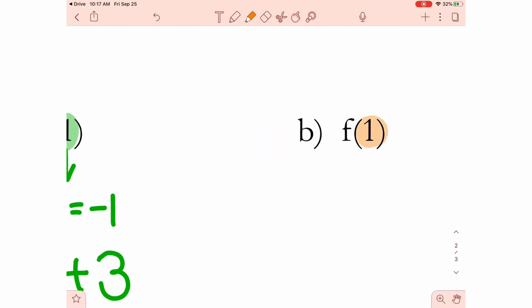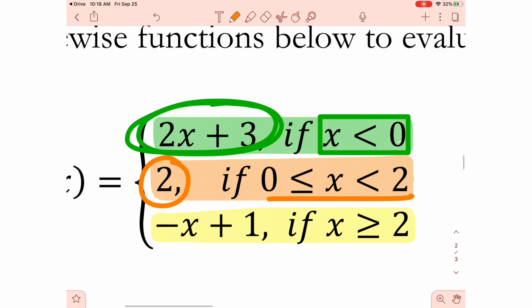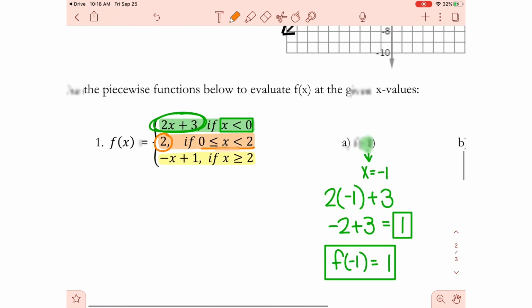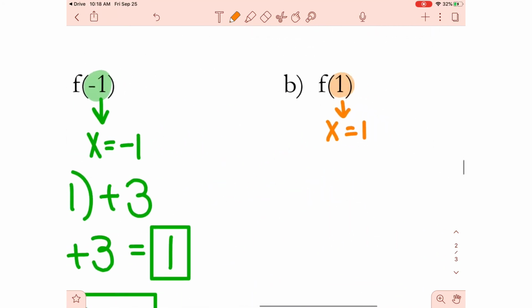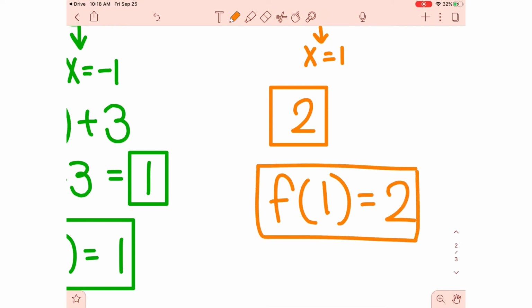Now, the orange equation is a little bit strange because it's just a number. And so there's no place for me to plug in x. Well, that's okay. The answer is just going to be that number that they give me. So the answer to this one is 2. So f of 1 is 2. That's the fancy way to write the answer.